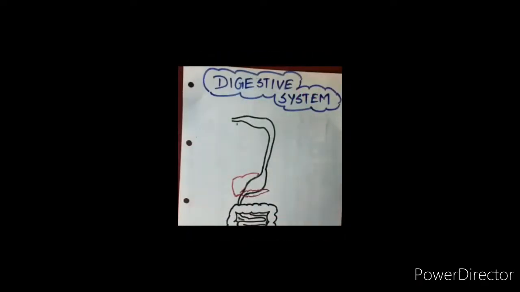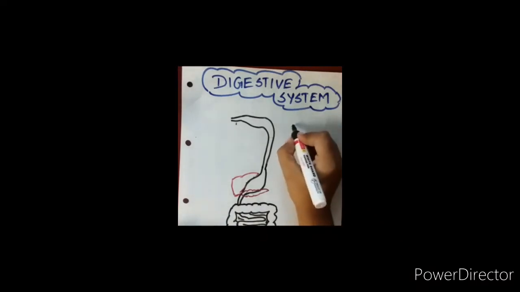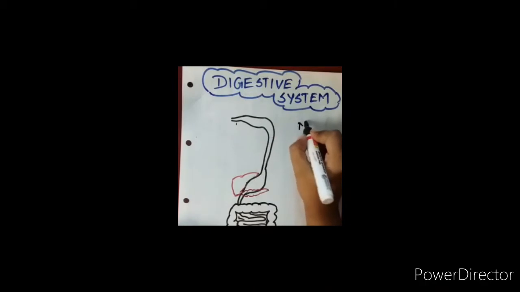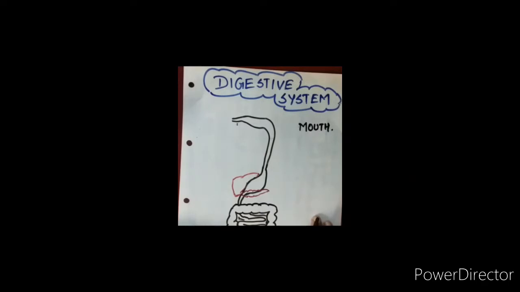In the digestive system, the first organ, or the first place where our food gets masticated, is the mouth. In the mouth, together with the teeth and the tongue, it helps the food particles to be masticated.